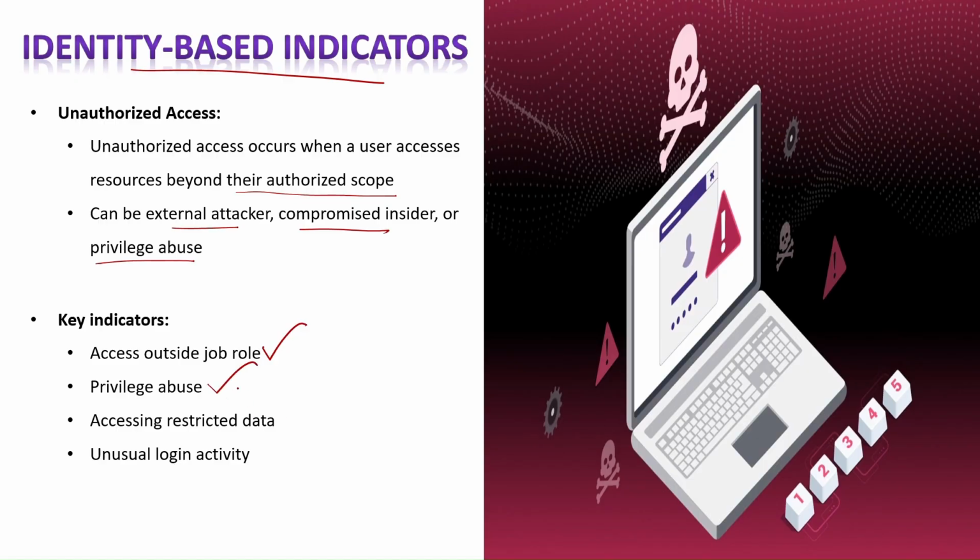Privileged abuse means escalating the privileges or using the privileges to do tasks that are not meant to be done. Also accessing restricted data and unusual login activity, as we said, login at a very unusual time, such as at 3 a.m.